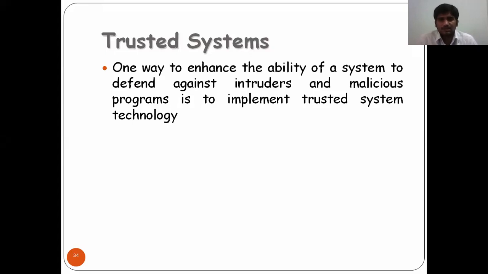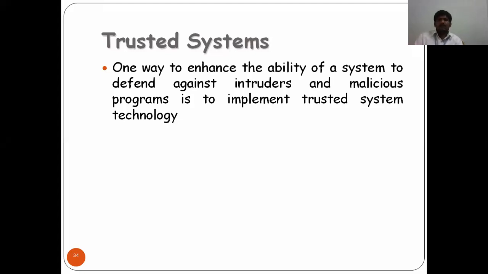When a system is called trusted, then definitely it has security. All the security measures, like the triad, that is availability, authentication, and integrity, are available, such that the data must be authenticated by someone. Only then can we access such data.